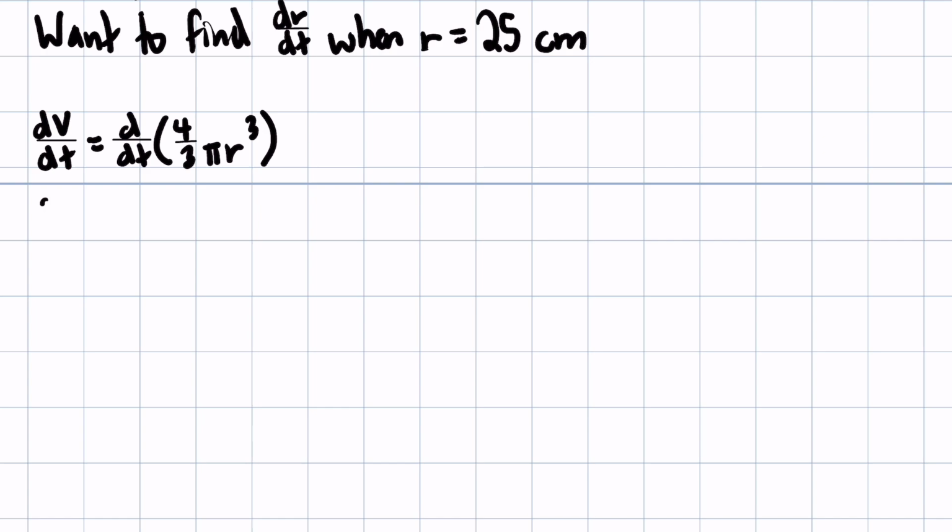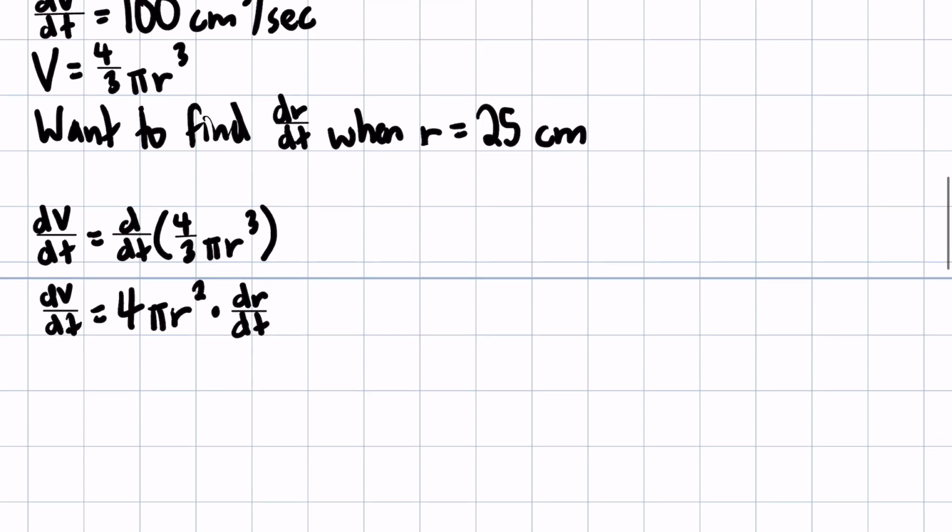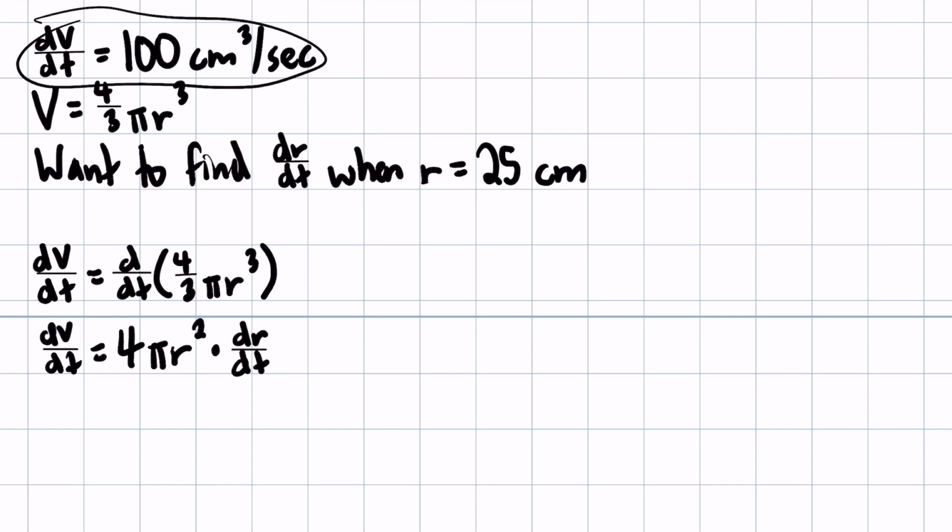From there, we find that dV/dt, so we're going to bring down the 3 from the r cubed, and that's going to cancel out with this 3. So we just get 4 pi r squared, and then we have to do chain rule, right? This is in terms of time, not in terms of the radius. So we have to multiply by dr/dt. And we know that this is equal to 100.